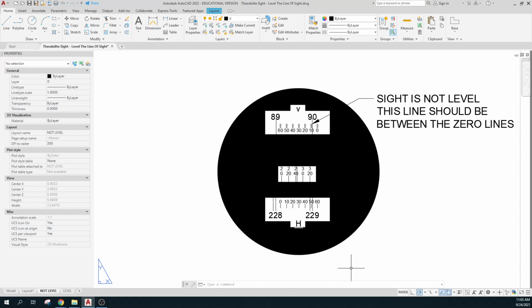Here, remember, your horizontal degrees has to bracket one of the numbers. In this case I've got 229 degrees and 50 minutes. 229 degrees because it's bracketing this, and it's 50 minutes.